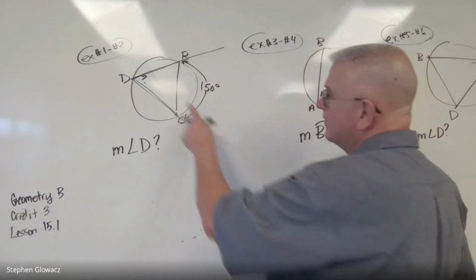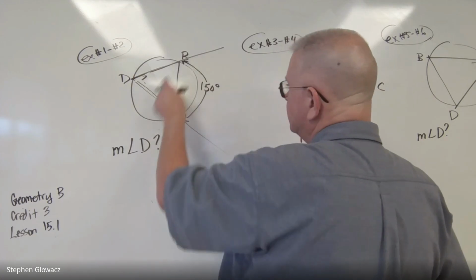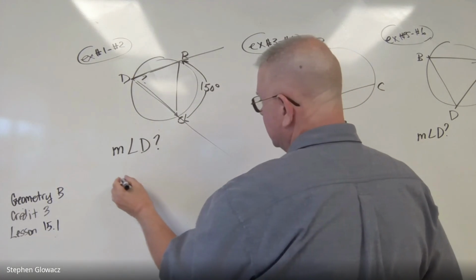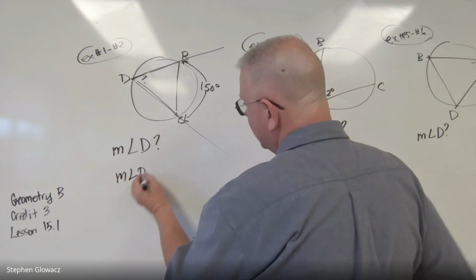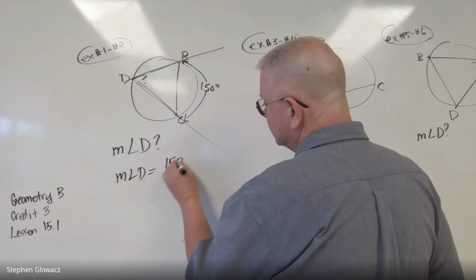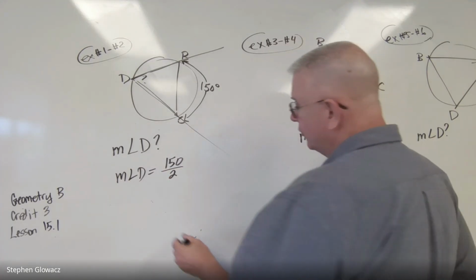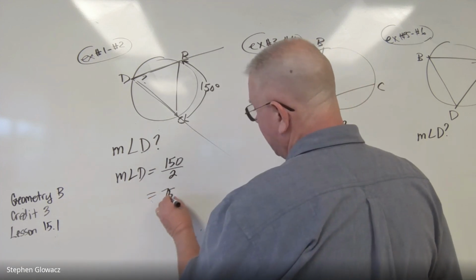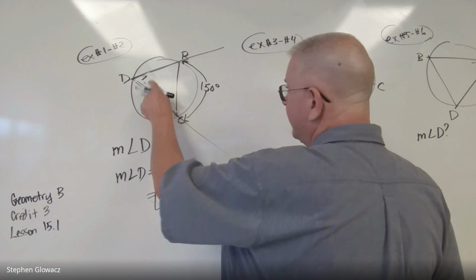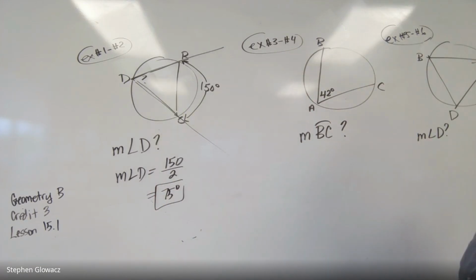So the measure of angle D would be half of 150 degrees, which means dividing by 2, which is 75 degrees. And so the measure of angle D would be 75 degrees.